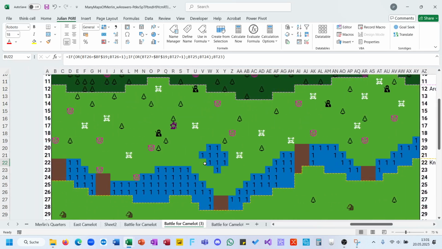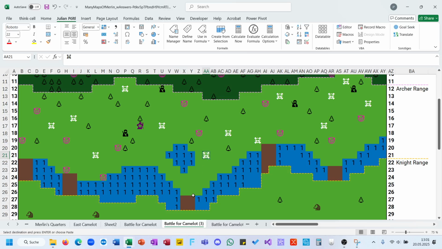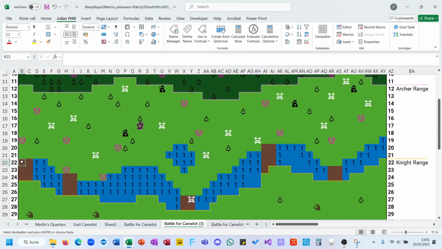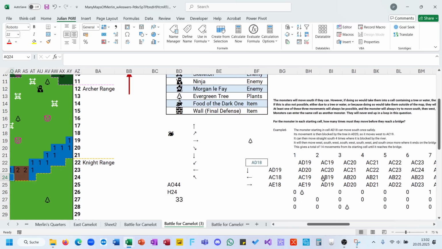Y27. Okay, I could have left the monster there. I think it was there. Yeah. But now 2, 2, 2, 2. And now I do an XLOOKUP for 2.